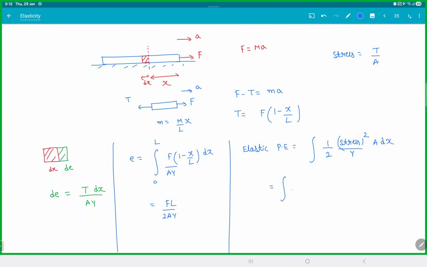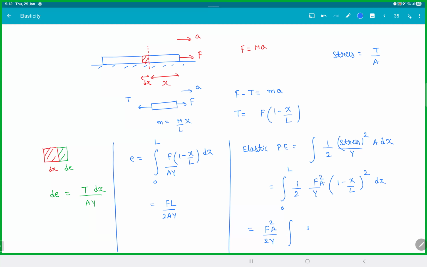So you can just substitute here. Half, that would be F square by Y, 1 minus x by L whole square. A also will come out here, dx, 0 to L. So this will be F square A by 2Y integral.